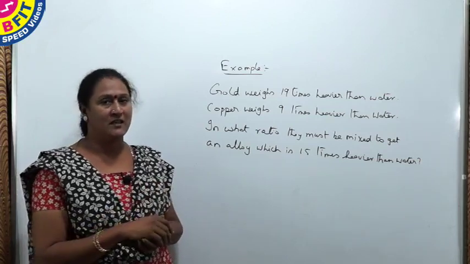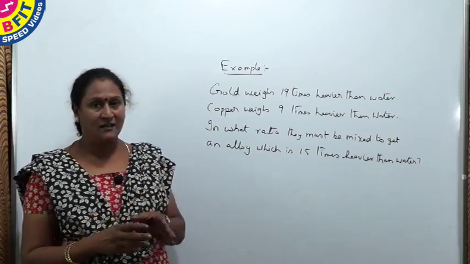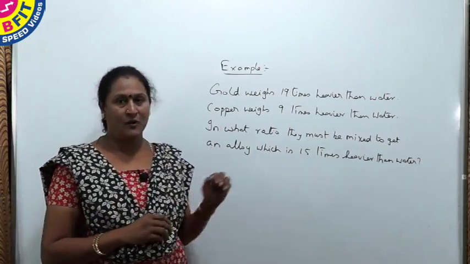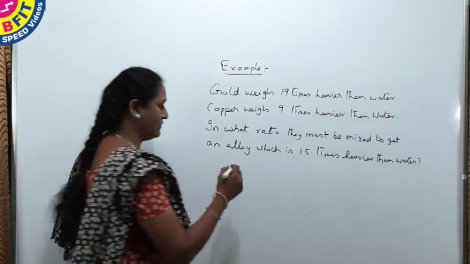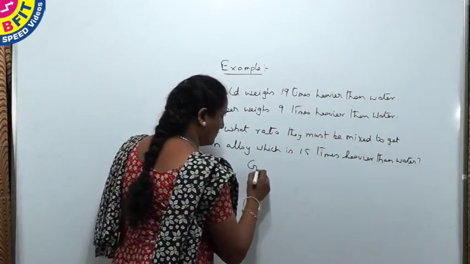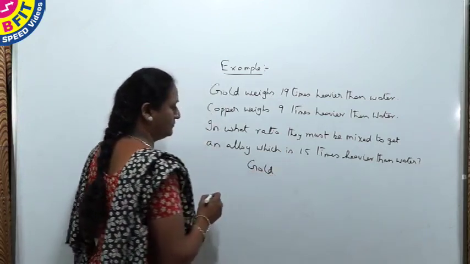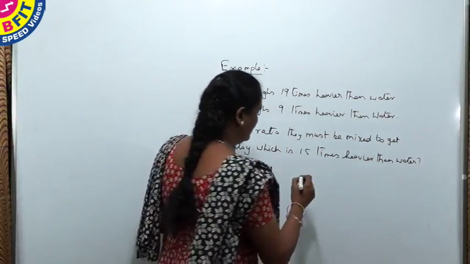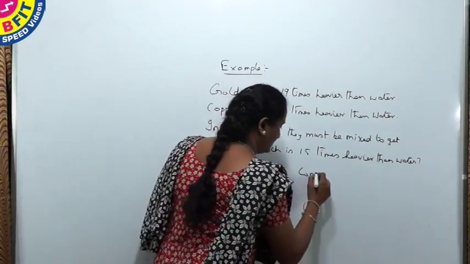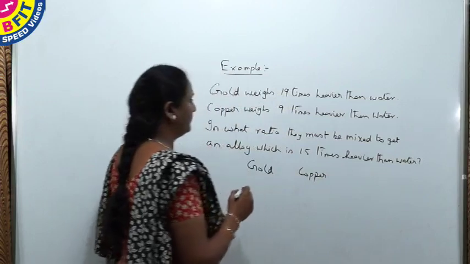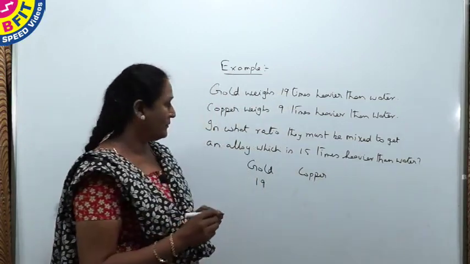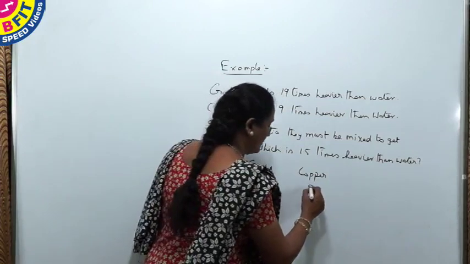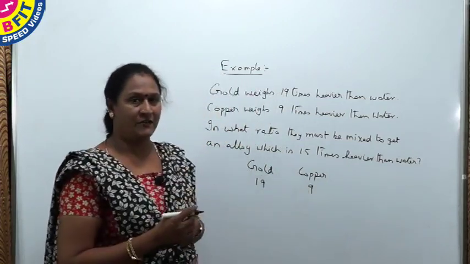So by using this alligation, as we did earlier, we'll write gold and copper, and below them their weights. Gold weighs 19 times heavier than water, and copper weighs 9 times heavier than water.